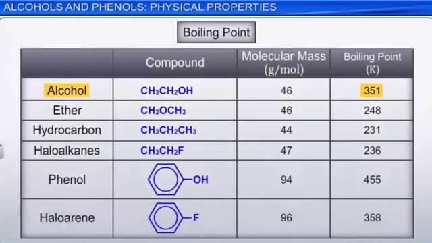Alcohols and phenols have boiling points higher than other classes of organic molecules, such as hydrocarbons, ethers, haloalkanes, and haloarenes, with similar molecular masses. For example, the boiling point of ethanol is considerably higher than that of methoxymethane or propane, although all 3 substances have very similar molecular masses.